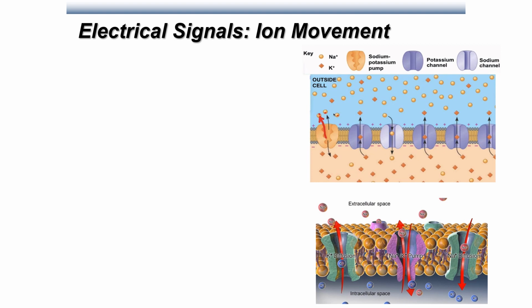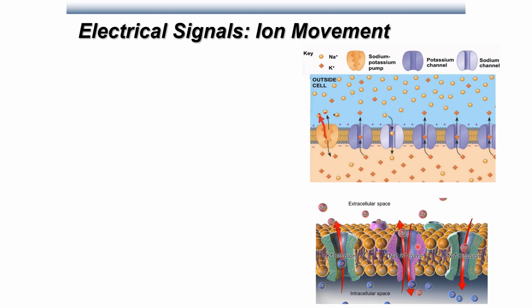So the potassium is leaking out faster than the sodium is leaking in, and that gives us a net negative charge. Now, if we add some other channels in here, called gated channels, we can change the rate of whether or not these move at all. You can slow them down, you can speed them up, and the more you do that, the more you alter the voltage across the membrane, and that's how we signal.